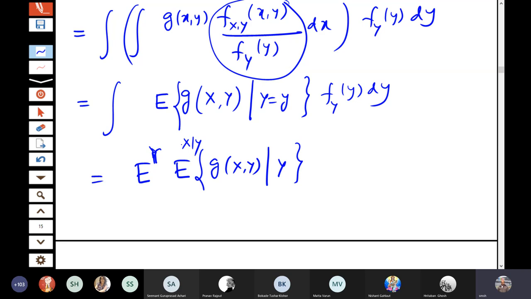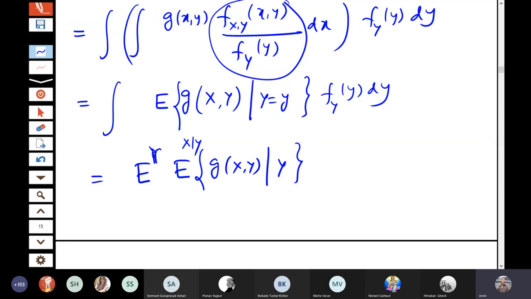That means if I want to find out any joint expectation, then I can do it in two steps. Firstly, I calculate the conditional expectation of that term where one of the variables is fixed, and then I calculate the expectation with respect to the second variable, that is, with respect to the marginal distribution of the second variable. The proof will be similar if, in place of this double integral, I write a double summation.